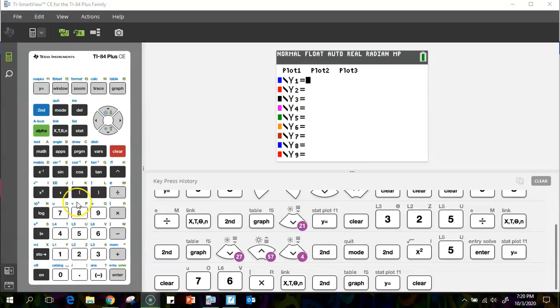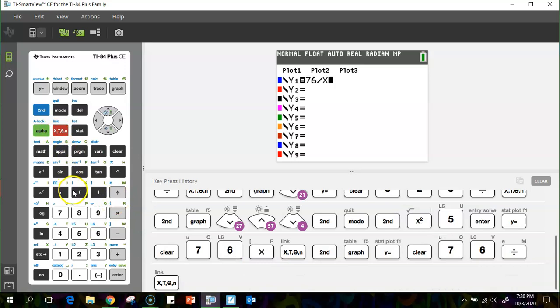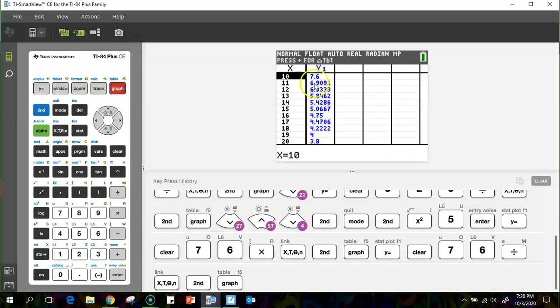So we have a 76 that we need to simplify. We need to do the simplest radical form. So come over to your calculator, hit y equals, and then put in 76 divided by x. And then hit second graph. And it's going to give you your factor pairs. Okay, so 19 times 4 is 76.